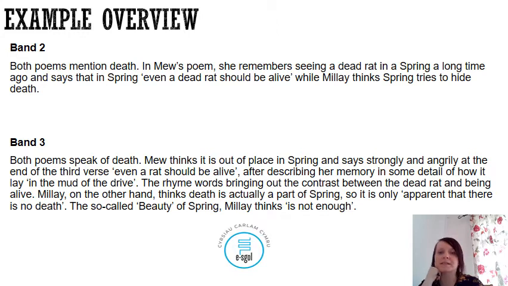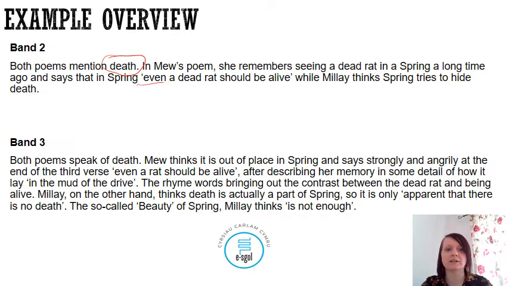In Mew's poem, she remembers seeing a dead rat in a spring a long time ago, and says that in spring, even a dead rat should be alive, while Millay thinks spring tries to hide death. So you've got a very vague link with this idea of death. Notice how there's no textual support here. Note it's very brief, no textual analysis, no development of that connection.